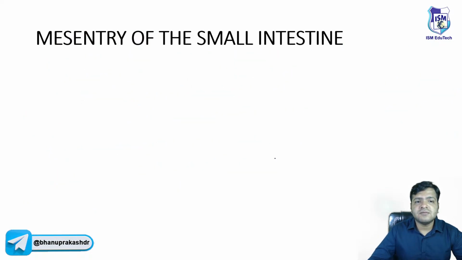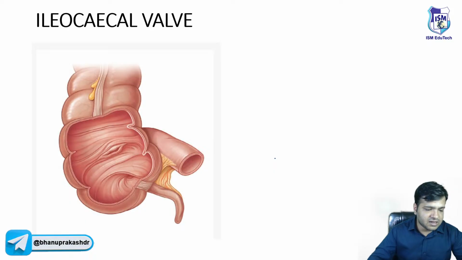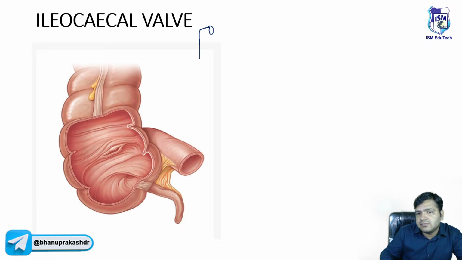Now coming on to the next topic, beta, that is the ileocecal valve. You already know we have this duodenum. From the duodenum, what starts?